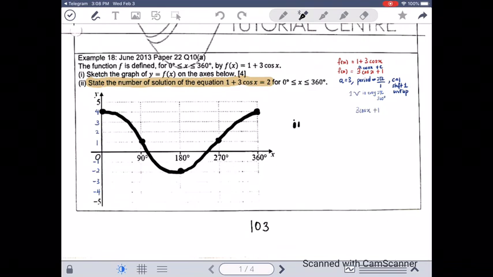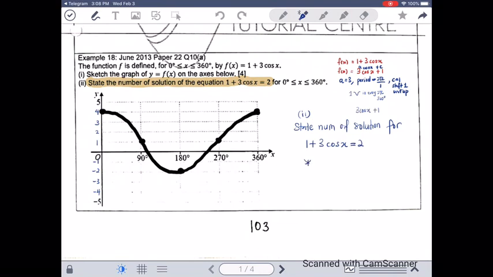So for number 2, we need to state the number of solutions when 1 plus 3 cos x equals 2.